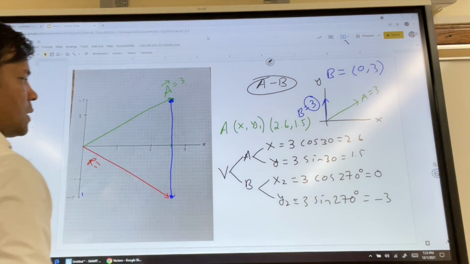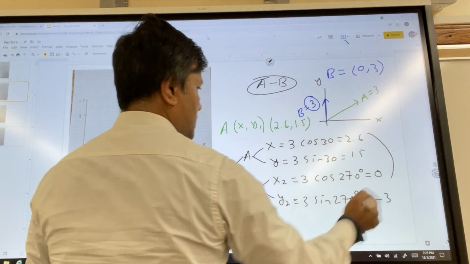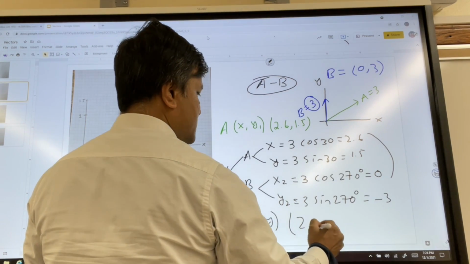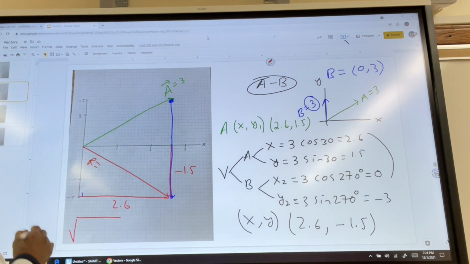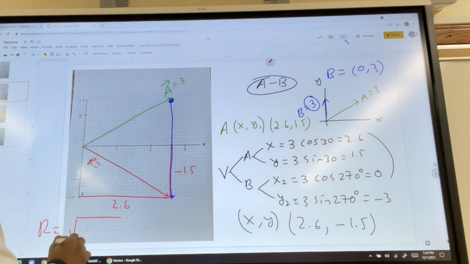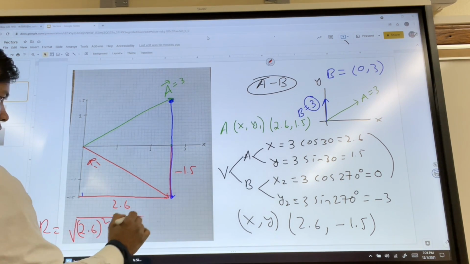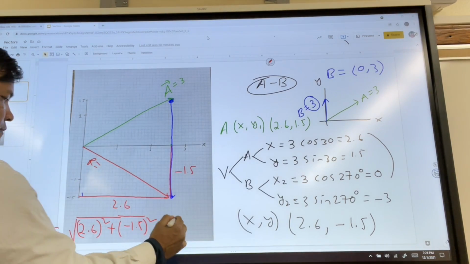All right, so now our x comma y: x would be 2.6 and y would be -1.5. Resultant is the square root of 2.6 squared plus -1.5 squared, and that gives you 3.